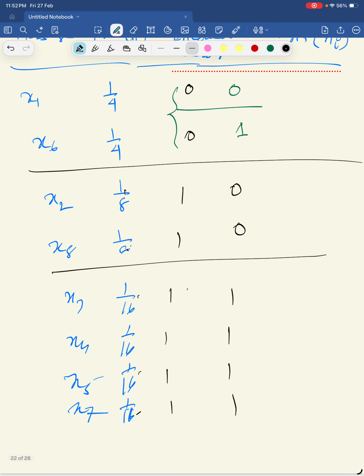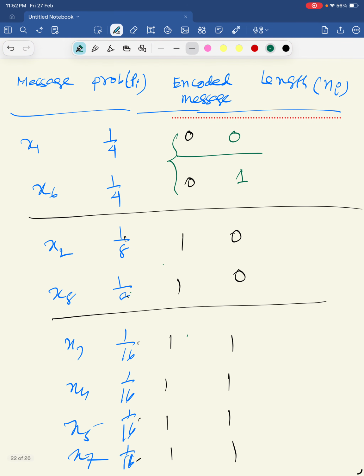Again we can make these two same, so again we make a 0 group and a 1 group. Now here in the bottom we can make again two groups, because 1 by 16 plus 1 by 16 will give you 1 by 4, these two. If we add these two, 1 by 16 plus 1 by 16, here also 1 by 16, 1 by 16, that means both are same.